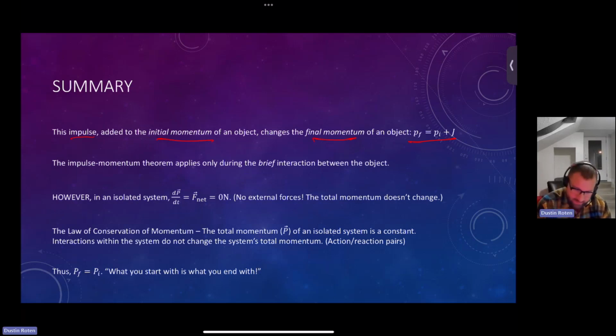Okay, so this J value is our impulse. The impulse momentum theorem, which you can see here, applies only to that brief interaction between the object and whatever it's interacting with. So I guess we could say the objects, since it is an action reaction.